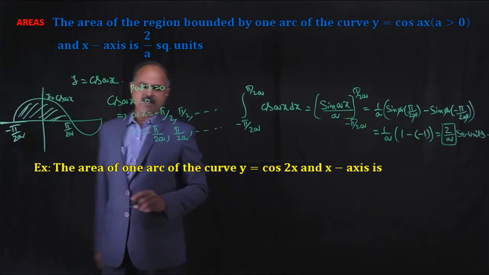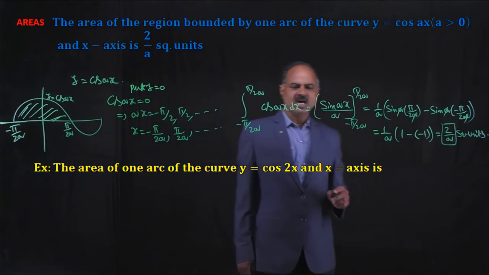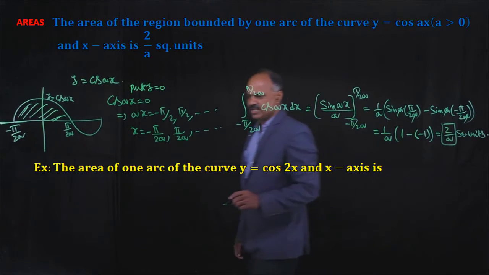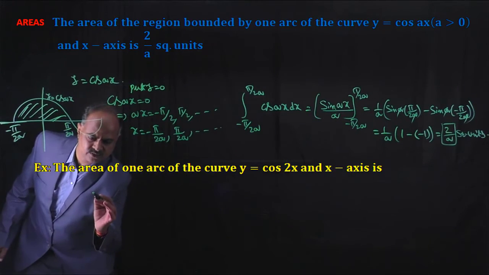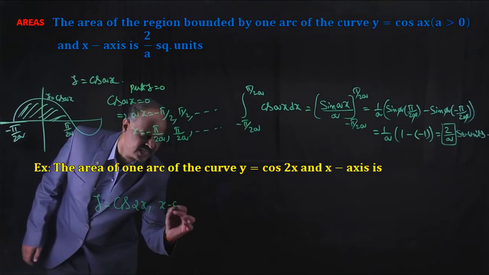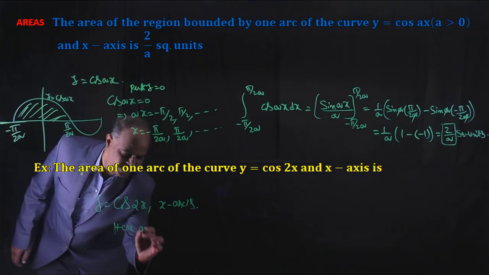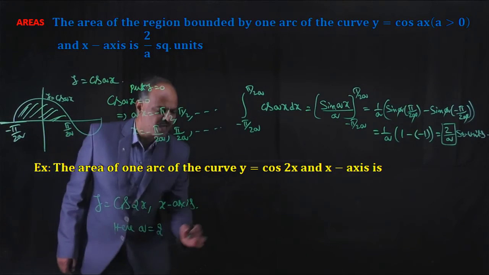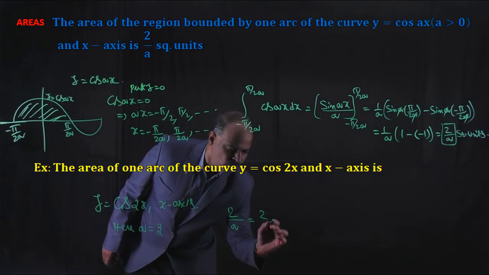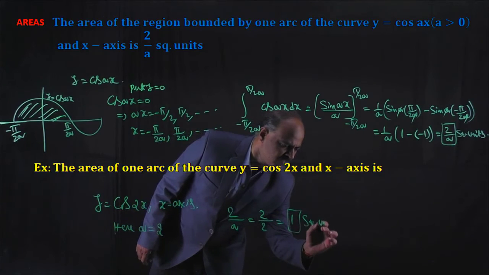Suppose, for example, the area of one arc of the curve y equal to cos 2x and x-axis is given. Here a is equal to 2. The formula is 2 by a, so 2 by 2, that is equal to 1 square unit.